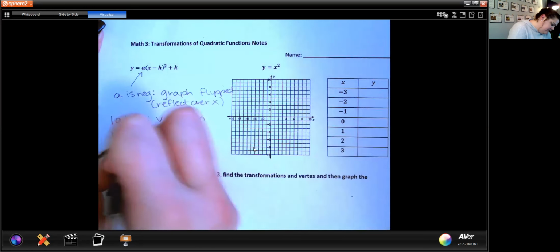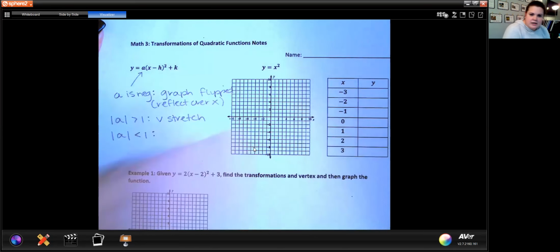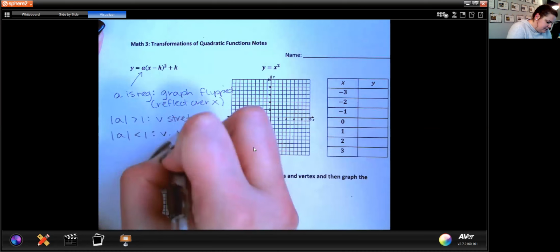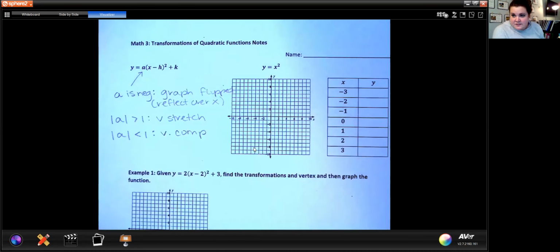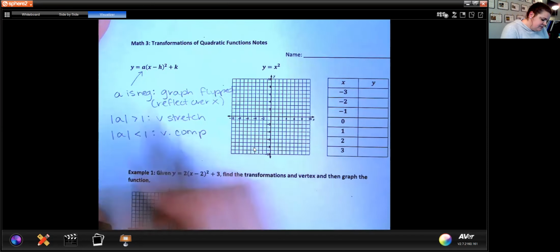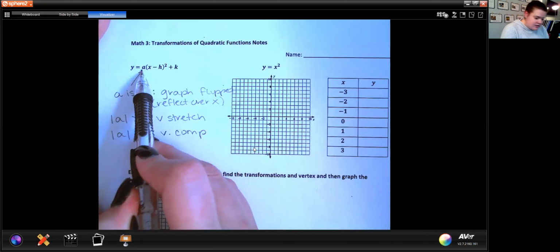If the absolute value of A is less than 1, maybe it's 2/3, maybe it's -1/2, maybe it's 3/5, maybe it's -0.7, any of those would be a vertical compression. And this should feel familiar to you because this is exactly the same as what we've already done. So those are all the transformations you can see from the coefficient.